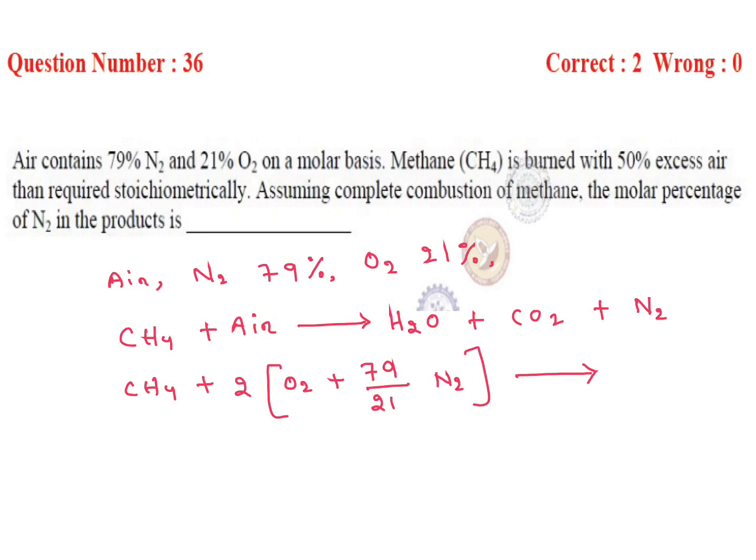You will get 2 H2O plus CO2 plus 2 into 79 by 21 N2. For balancing, we are multiplying.